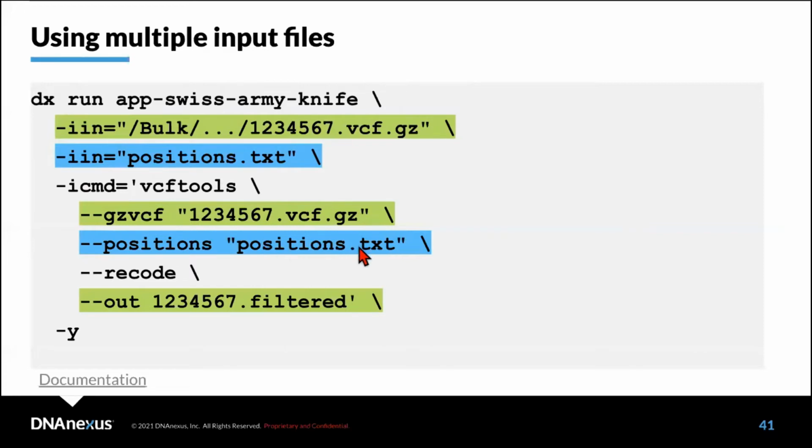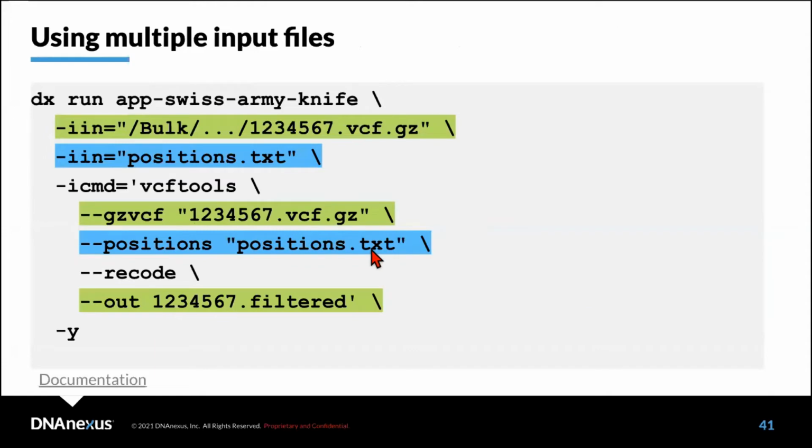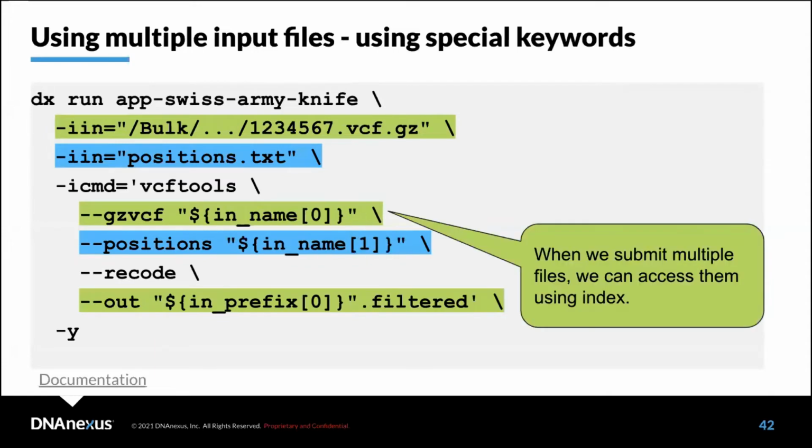So we can use the special keywords and index them. Here you can see that the VCF file is first, that's why we use index 0. The TXT file is second, that's why we use index 1. Again, I will flip back and forth so you can see. Here it's hard-coded, here it's with the keywords, okay?